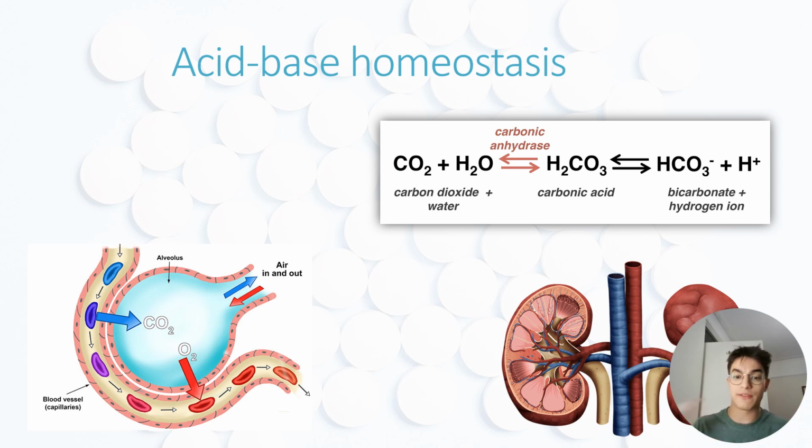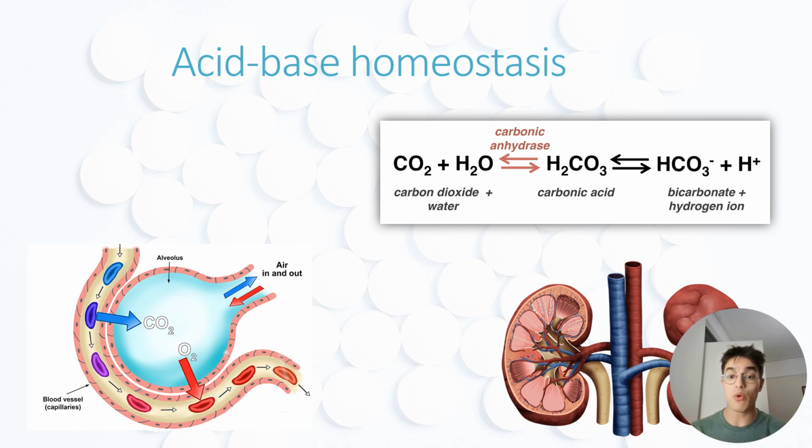So we're constantly getting a fresh supply of air down into the alveoli. And carbon dioxide will be diffusing out of the blood into the alveoli, leaving the body. And so we're breathing off carbon dioxide and we're absorbing oxygen from the air.